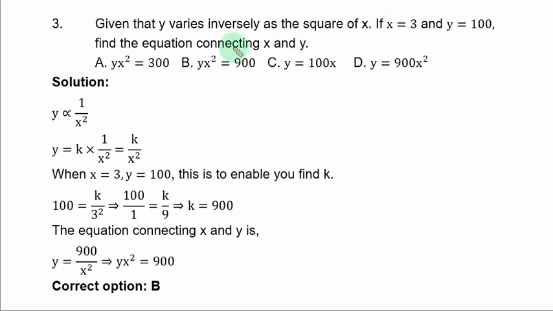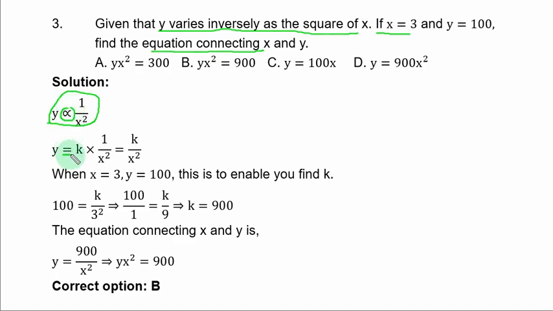Question 3. Given that y varies inversely as the square of s, if s equal to 3 and y equal to 100, find the equation connecting s and y. By inverse variation, you have this interpretation for the problem. In variation, we always replace the symbol of variation with equality sign.